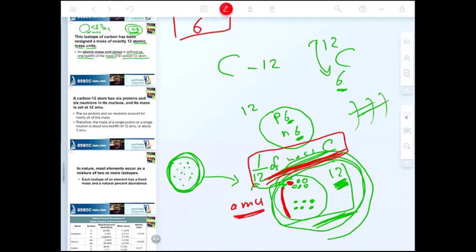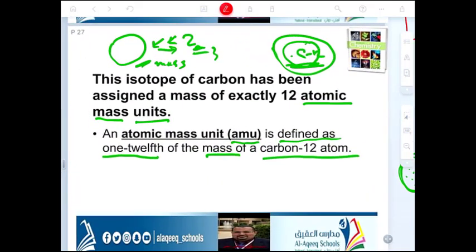It means if you have an atom here and I told you it's 24 AMU, it means it has 24 of these individuals. Using this method to measure the mass is much easier than using the actual masses of those atoms.